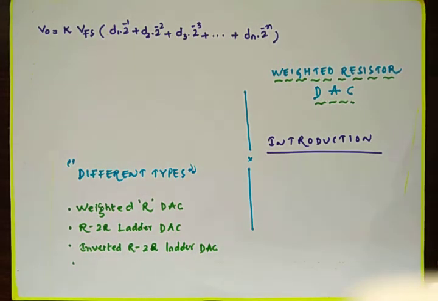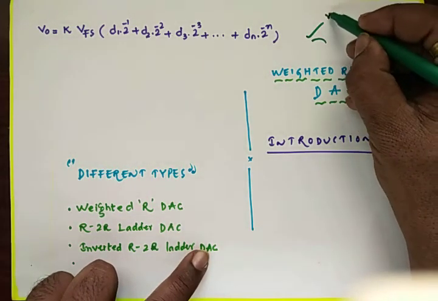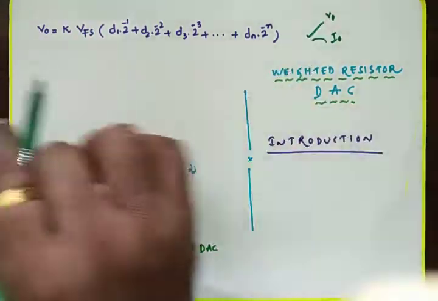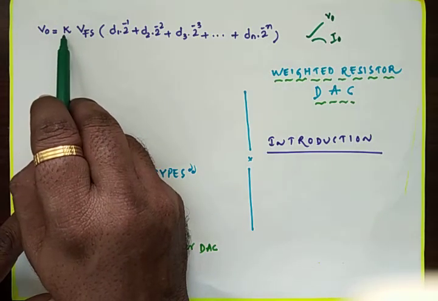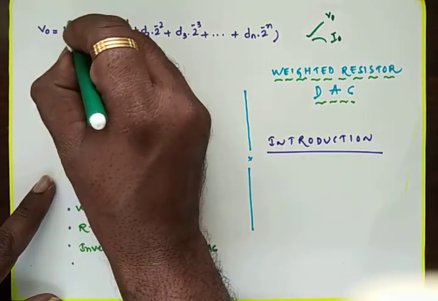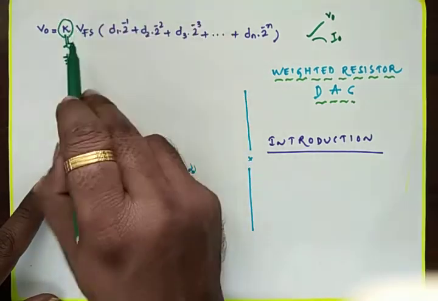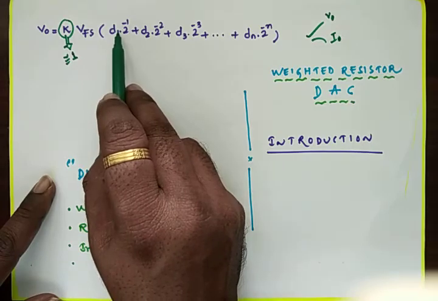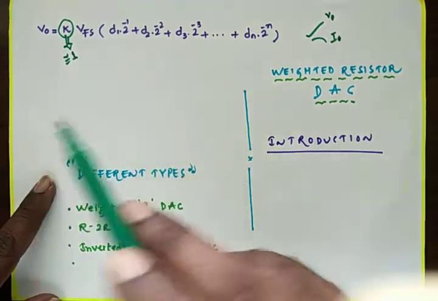For example, we know that the digital to analog converter can provide two types of output, voltage and current, and this is the output voltage equation. VO, the output voltage, equals K, which is a scaling factor that is always approximately equal to 1, times VFS, the full scale voltage, times the bits we have applied as input to the digital to analog converter.